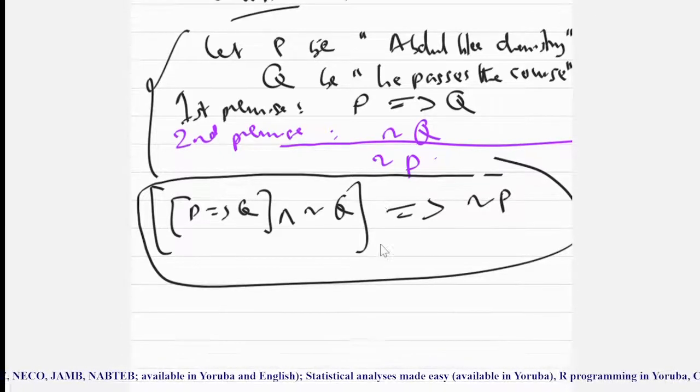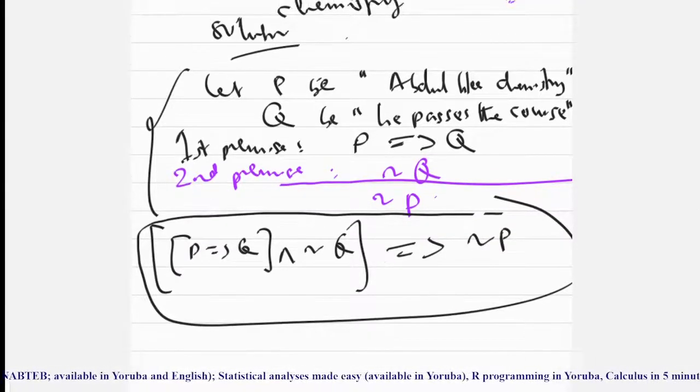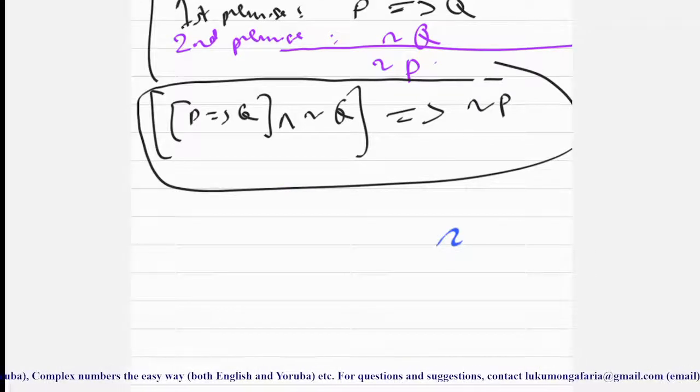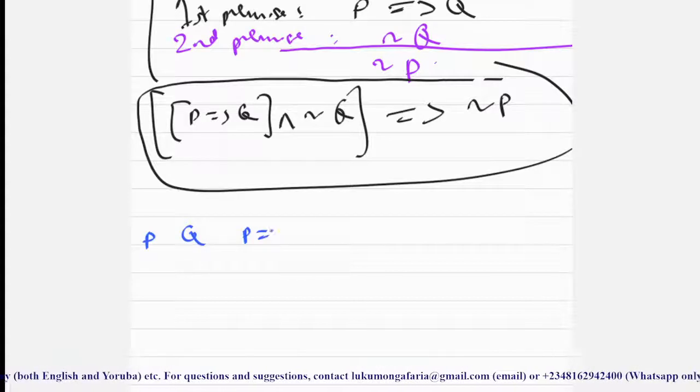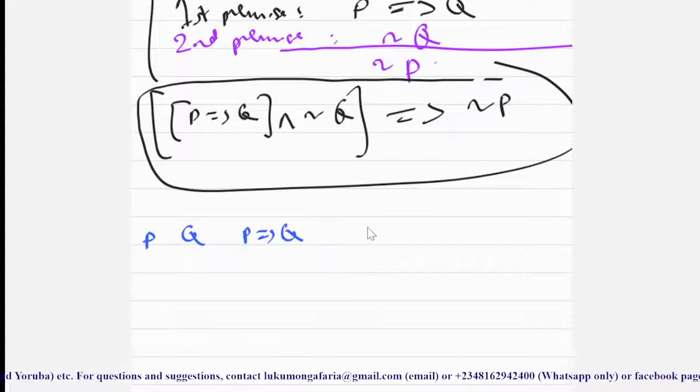Okay, now let us show it in our truth table. Let me tell you what I did before. For your argument, all your premises must be true. And before two statements can be true, it means you must have used conjunction between them, that is, you use and between them. Okay, now let us try it. I have P, I have Q, P and Q, right?